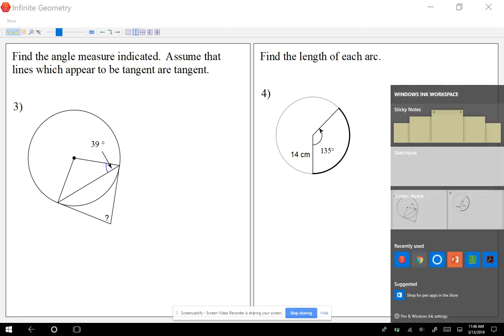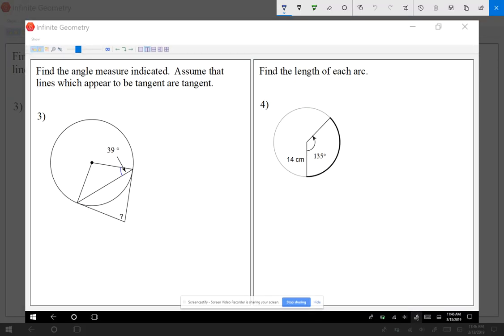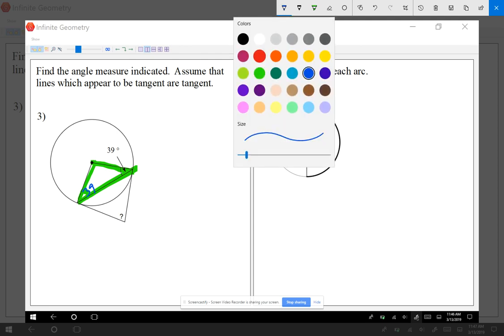Now, question number 3 might require a couple steps. I'm looking at a triangle where two sides are equal, right? I see a radius, the other side is radius. Two sides are equal, two angles are equal. One angle is 39. This other angle here is also 39.